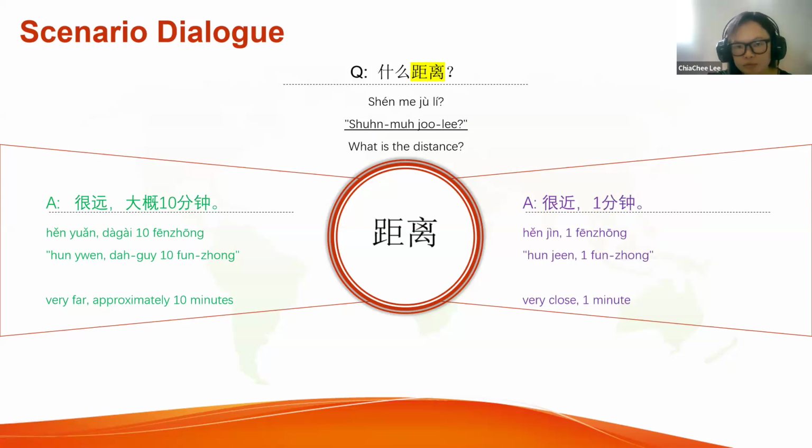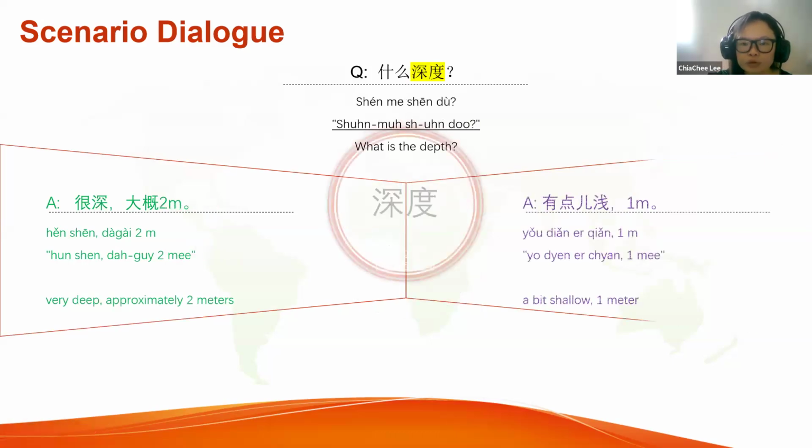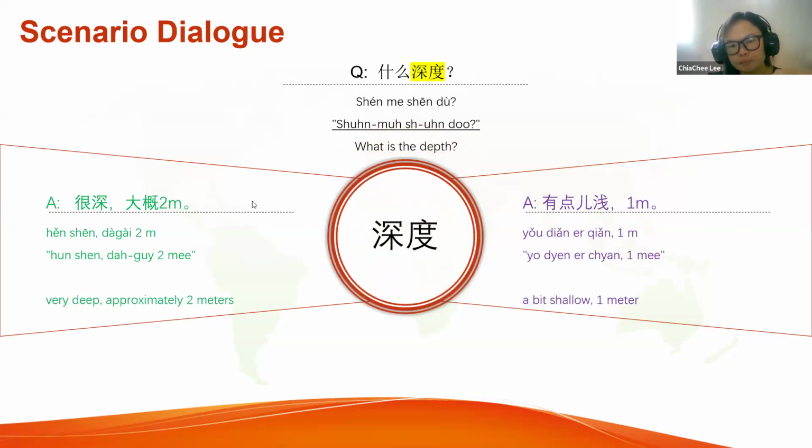Then if 10 minutes, then we know it's about 1 kilometer or so 啦. So 很远,大概10分钟. Another possible answer would be 很近,大概1分钟. 1分钟 is like my 办公室, my office to MLL office, 1分钟, 很近.